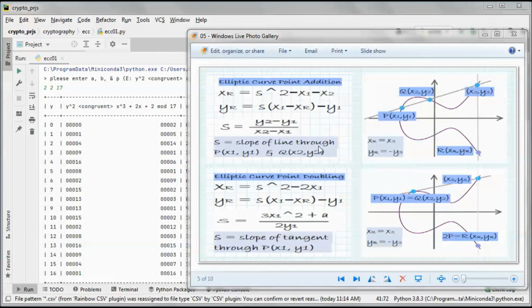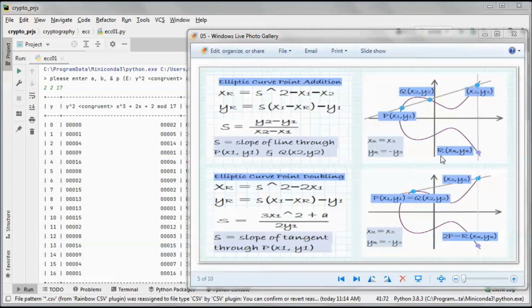Now those are the equations for elliptic curve point addition and elliptic curve point doubling, and we derived those equations in a previous video a while back. So we want to add 2 points P and Q with coordinates x1, y1 and x2, y2.